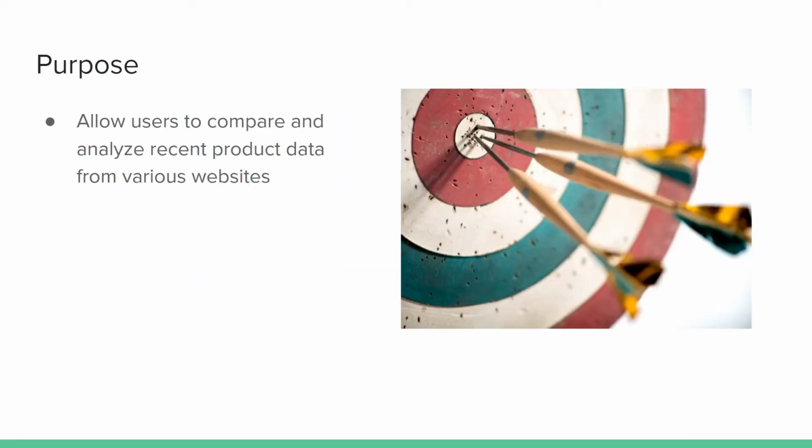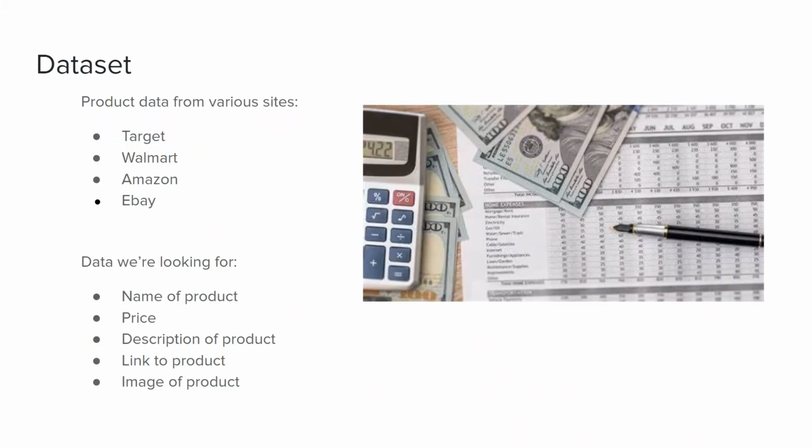For the purpose of our project, we wanted to compare products across multiple websites. We wanted to capture as much data to fit the project requirements. So we chose to collect data from big name online retailers. And as such, our data set includes data from Target, Walmart, Amazon, and eBay.